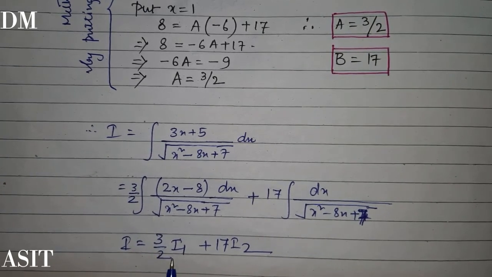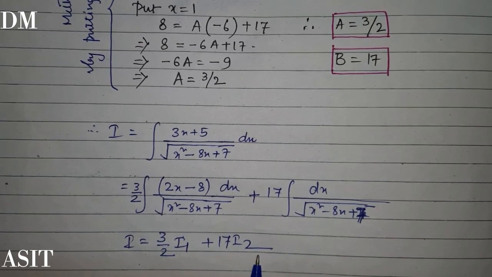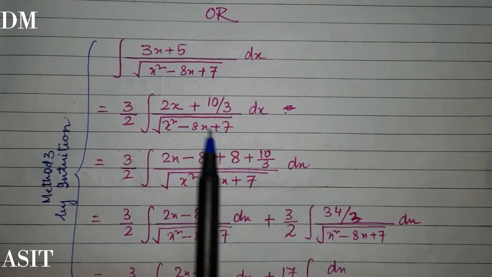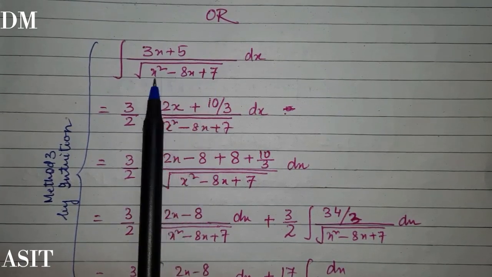So this is 3 by 2 I1 plus 17 I2. Now let us see the intuition method. In this method, first of all, you differentiate the quadratic expression.